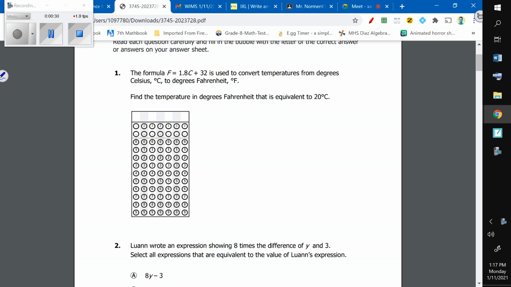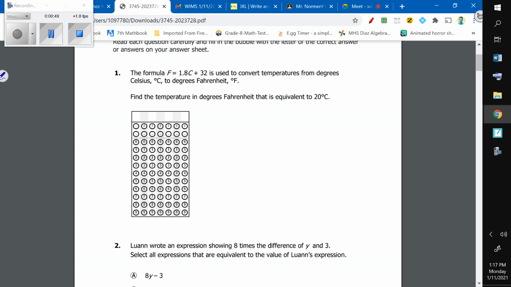So number one, the formula F equals 1.8C plus 32 is used to convert temperatures from degrees Celsius to degrees Fahrenheit. Find the temperature in degrees Fahrenheit that is equivalent to 20 degrees Celsius.